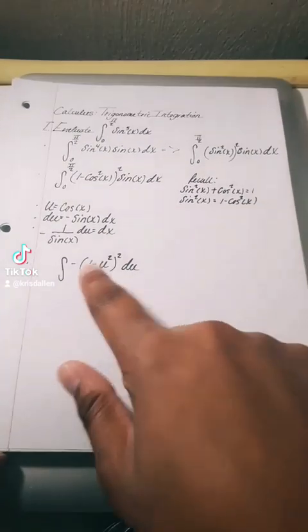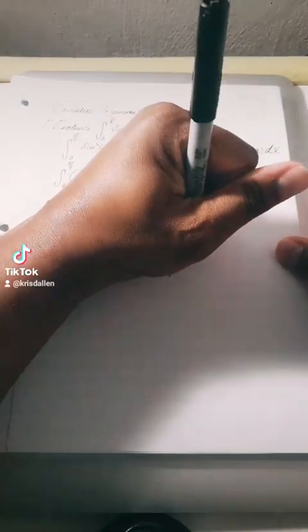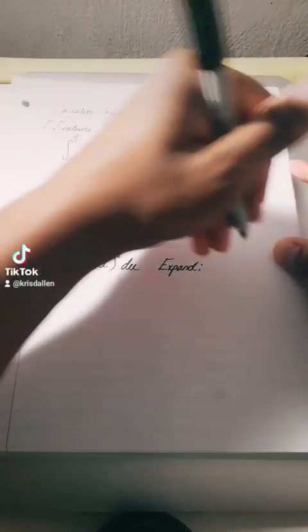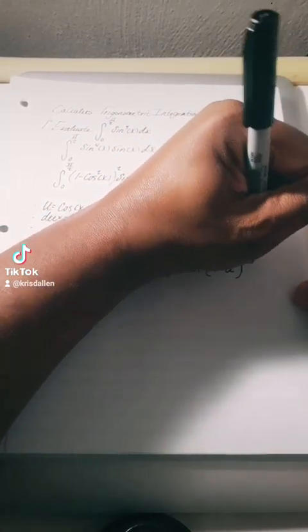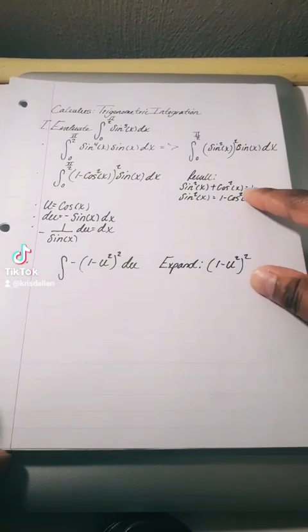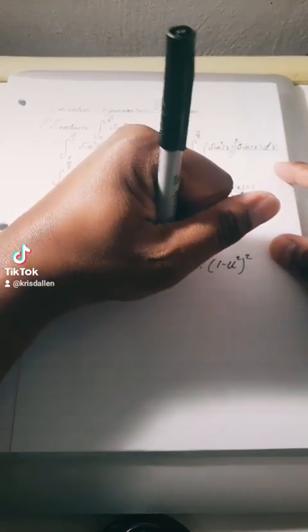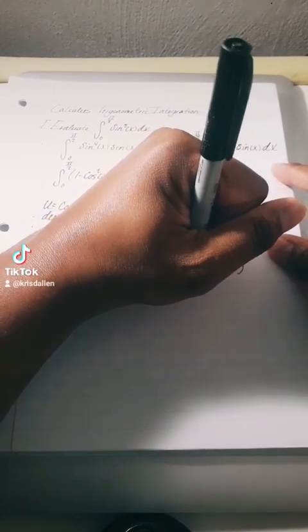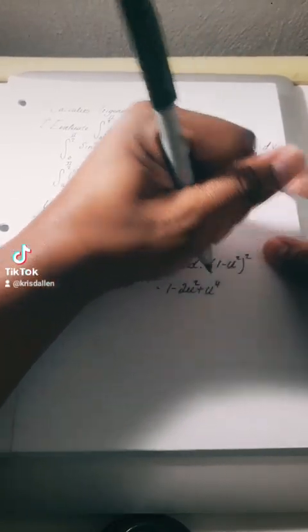Now what I would do is go ahead and expand out the inside here. When I say expand, I'm talking about the 1 minus u squared quantity squared. Keep in mind that's really nothing more than 1 minus u squared times 1 minus u squared, at which point you could just FOIL it. If you do that, you'll end up with 1 minus 2u squared plus u to the fourth.